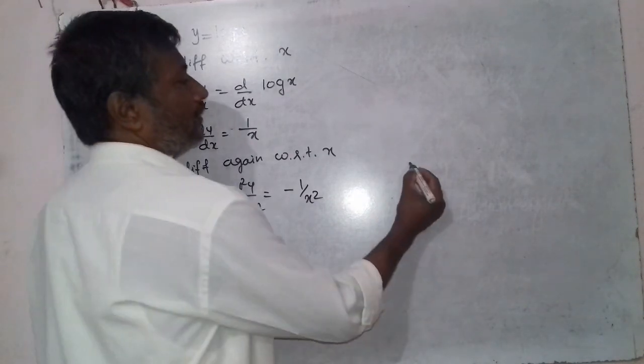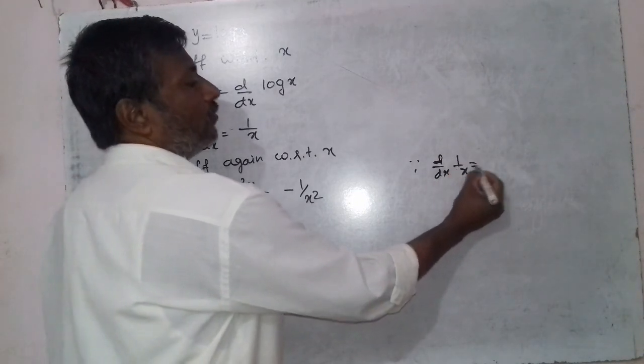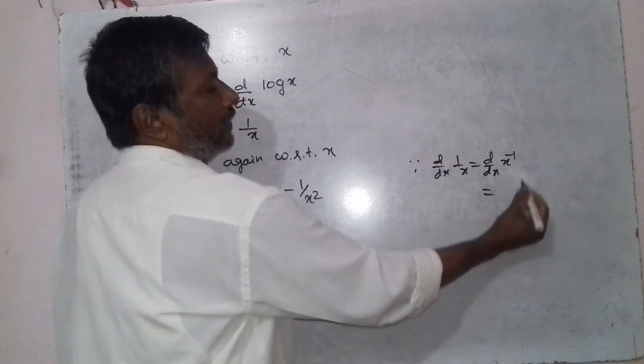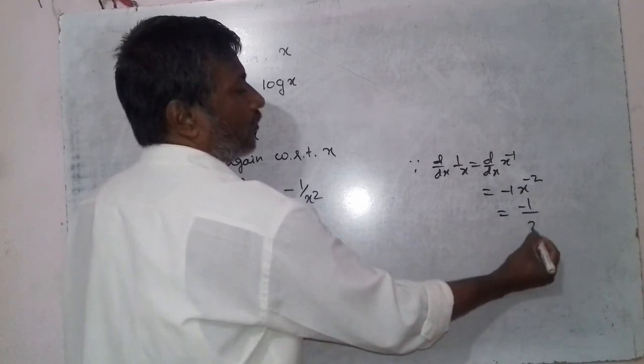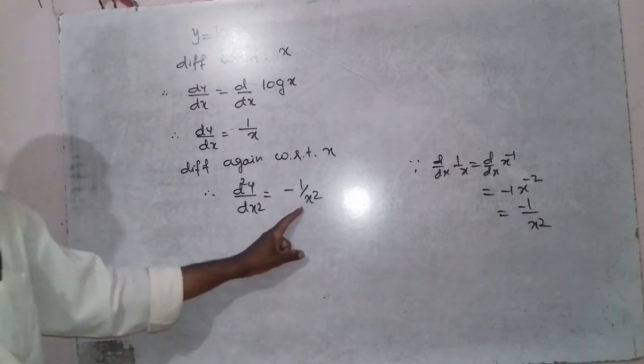Observe here, because d by dx of 1 by x equals d by dx of x raised to minus 1, that is minus 1 x raised to minus 2, minus 1 upon x square. So minus 1 upon x square is the answer for this one.